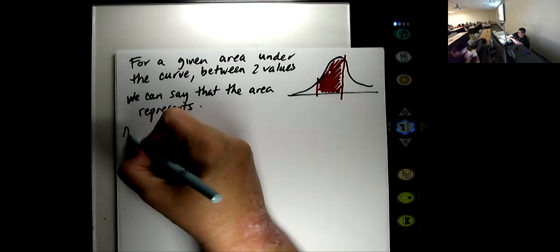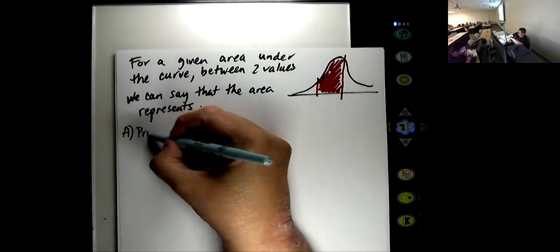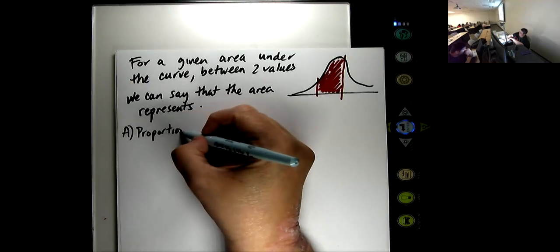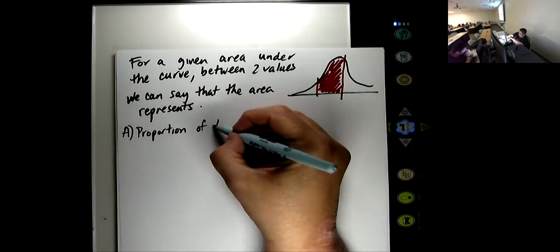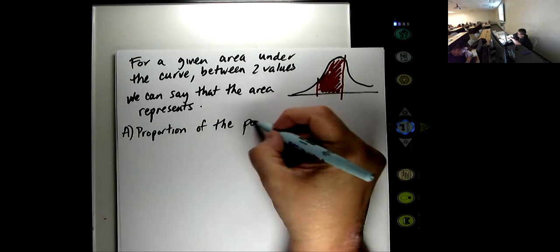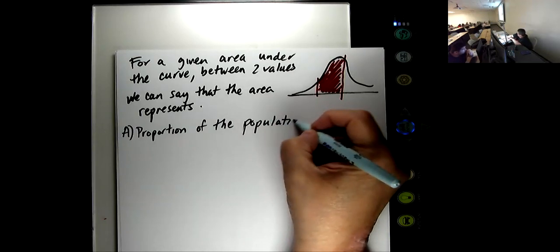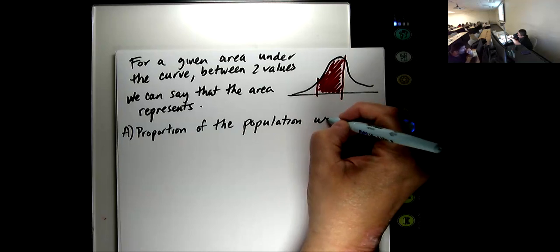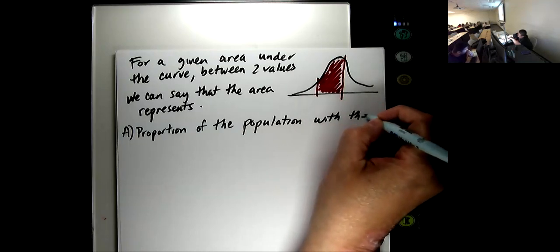A, it's the proportion of the population with the trait or characteristic.